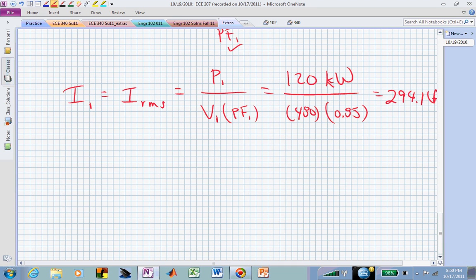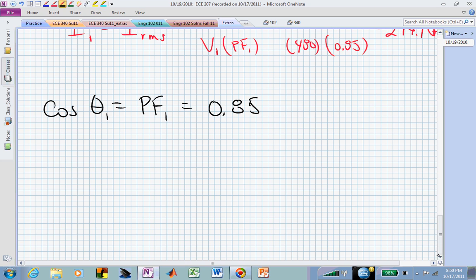Because we know the power factor is 0.85, we can now find the angle of our current. We know that cosine of theta 1, which is power factor 1, was given to us as 0.85. We can now solve that for theta sub 1. Theta 1 is the inverse cosine of 0.85. And what do we know?